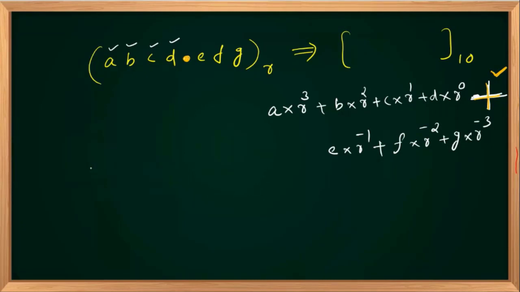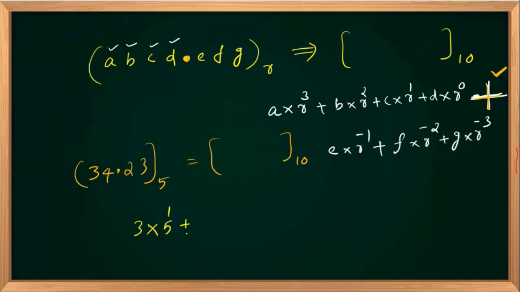Suppose you have an example like 34 base 5, or let us say 34.23 base 5. If you're asked to find its decimal equivalent, you should take it like 3 multiplied by base power 1 plus 4 multiplied by base power 0.